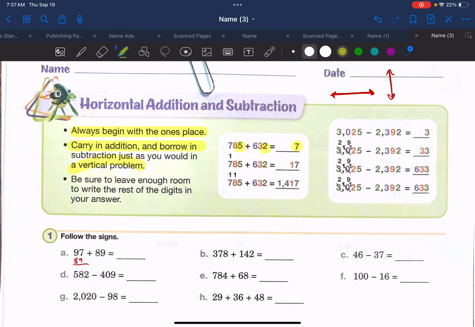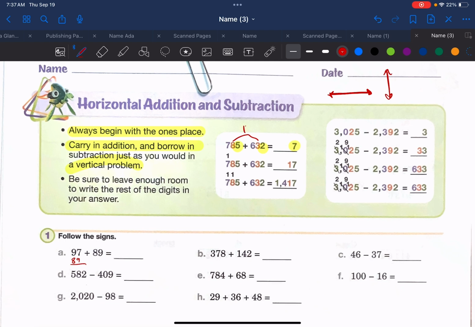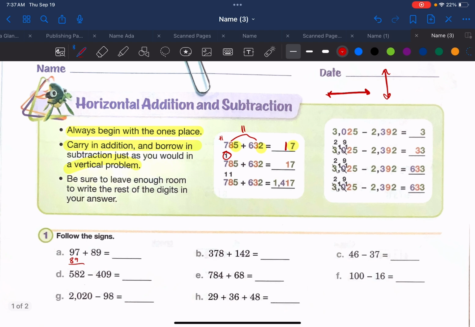So for example, if I have this 8 and 3, well, 8, 9, 10, 11, I can put the 1 here, but then you'd have to add 1, which is what they did right here. That's why there's that 1 there. So you would split that number 11 down the middle, and this one goes over to the answer, and this one goes to the 100 spot.